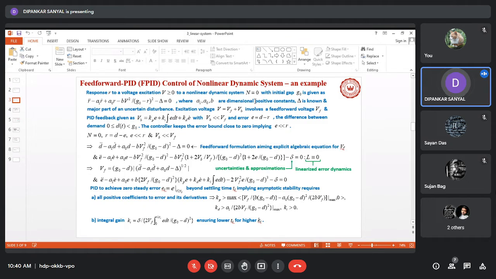Instead of the actual variation, we are considering an average form of the velocity in order to compute the flow force. So that flow force estimation might be reasonable, but there are approximations in it. That's why we say delta is a known and major part of an uncertain disturbance, but there will be an unknown part as well.